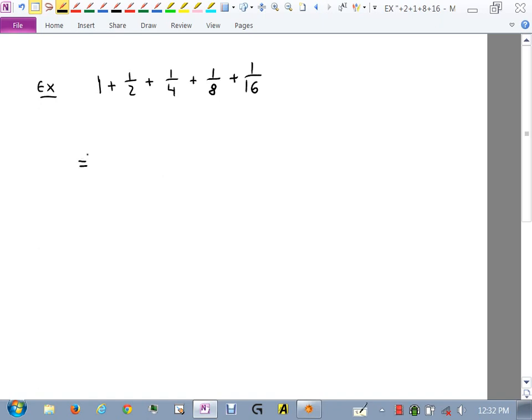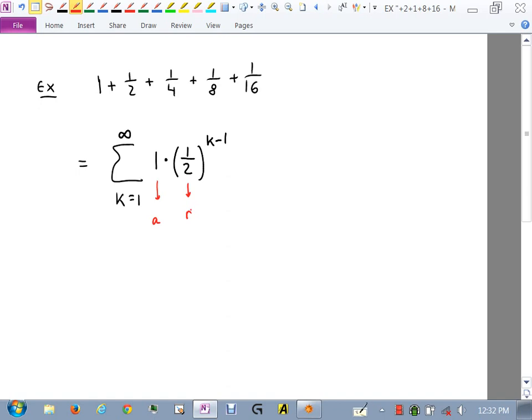So I would like for us, if we could, to please write this in its appropriate notation, which would be the sum of 1 times 1/2 to the k minus 1. I'm just doing that to point out that we have the a and we have the r. That's the geometric series. Anyone have a question on how to get that sigma notation or where that sigma notation came from?